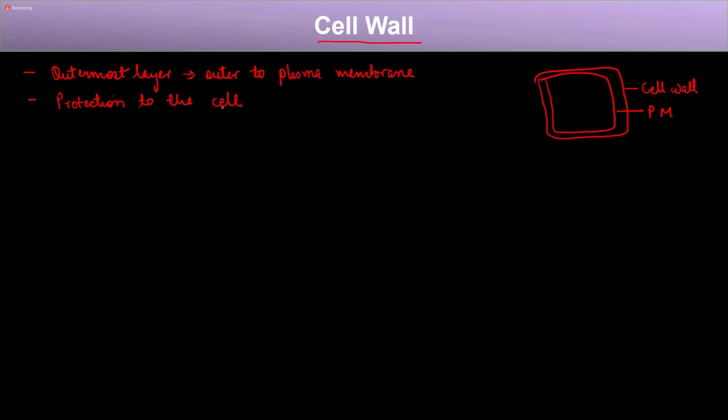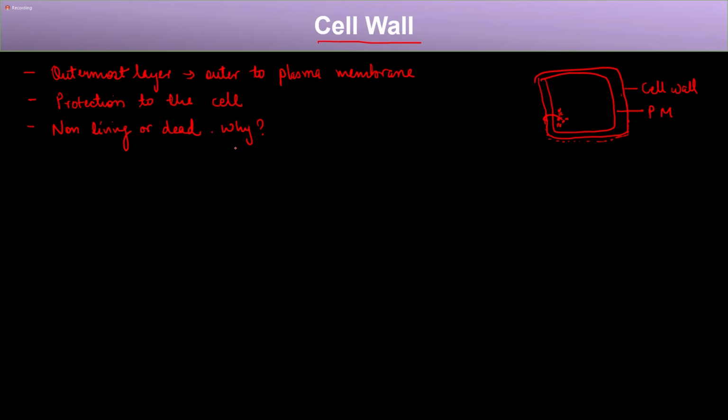There are various other functions of the cell wall that we'll see later. Now, this cell wall is considered a non-living or dead component of a cell. Why is it called a dead component? Because this cell wall is made up of something that is secreted out of the cell. The cell makes something and it is secreted out, and this secretion then gets deposited over the plasma membrane, and this forms the cell wall.